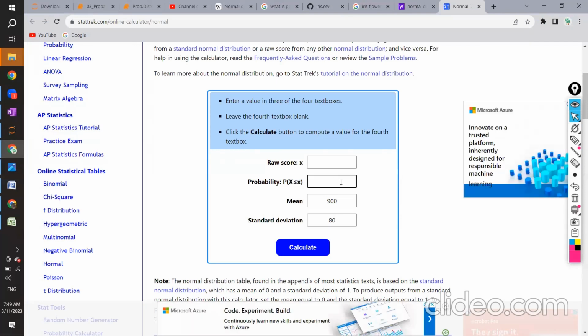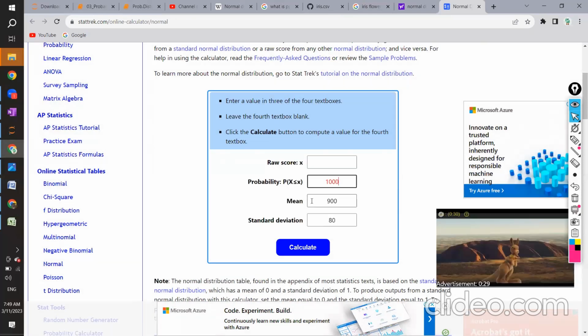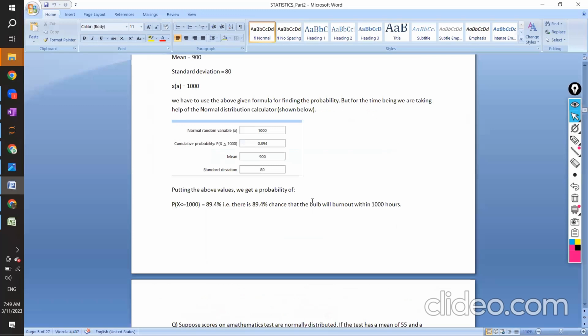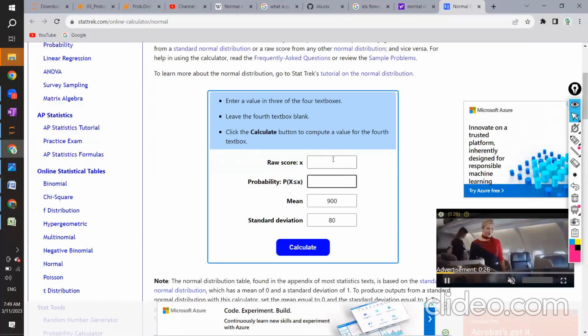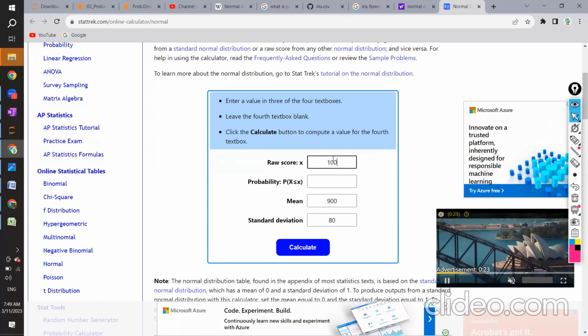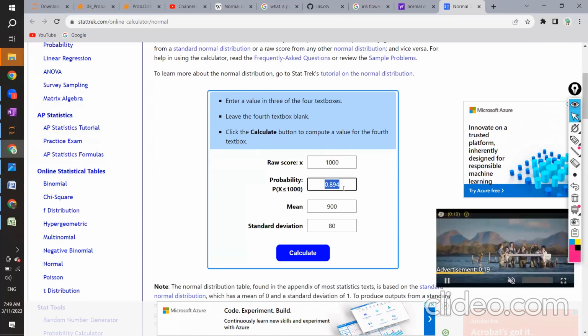You want less than or equal to 1000. The cumulative, so the one you want is a probability, right? The raw score will be 1000. Okay, fine. You got 0.894.